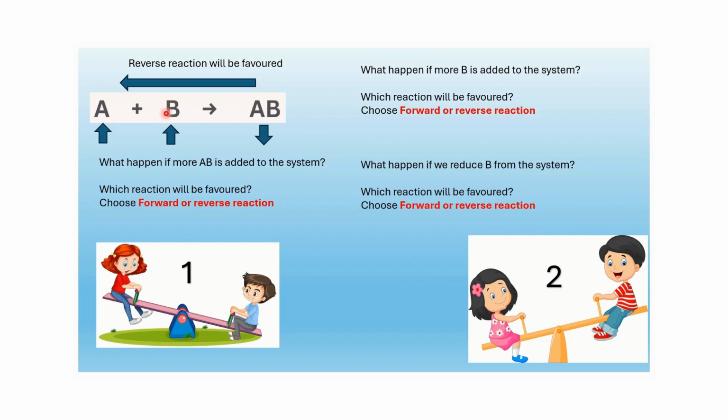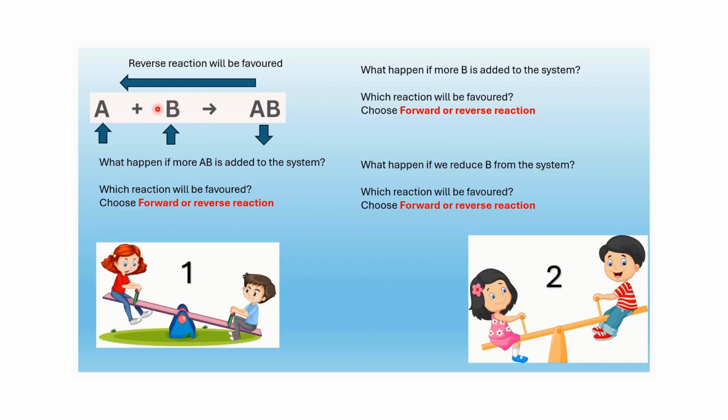Let's look at B. Where is B? B is here. So if we reduce B, it simply means that we are subtracting something from B. And you know that if A plus B to give us AB is balanced, if we subtract some of B, it simply means that we are going to disturb the system.